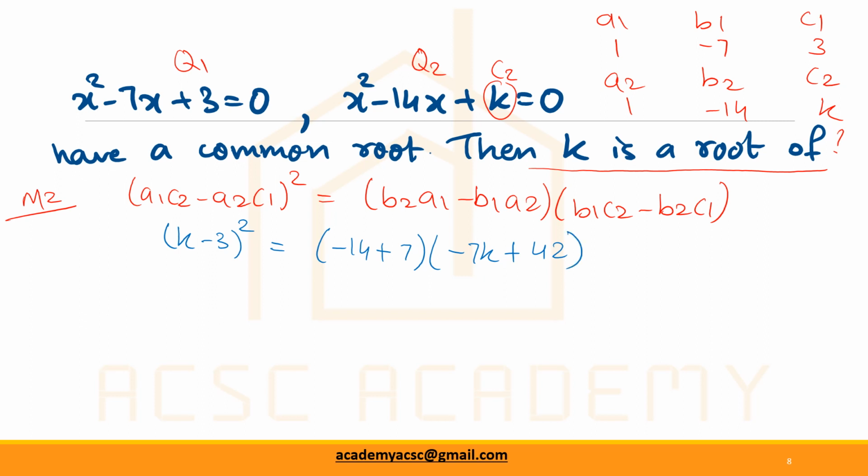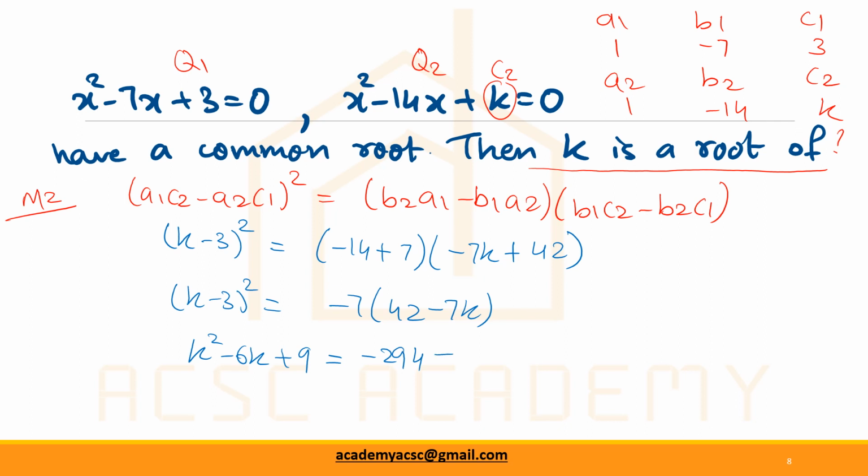So now this simplifies to (k minus 3) the whole squared equal to minus 7 times (42 minus 7k), or we get k squared minus 6k plus 9 equal to minus 294, which is 42 times 7, plus 49k. So when we express it as a proper quadratic equation, what we get is k squared minus 55k plus 294 plus 9, that is 303, equal to 0.